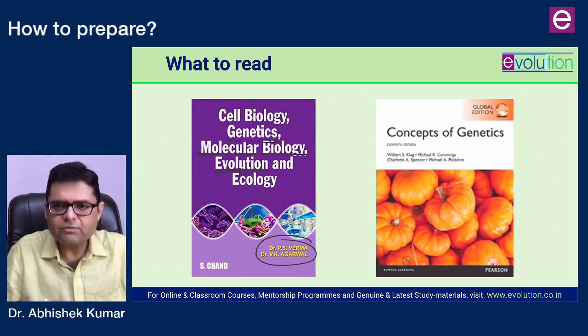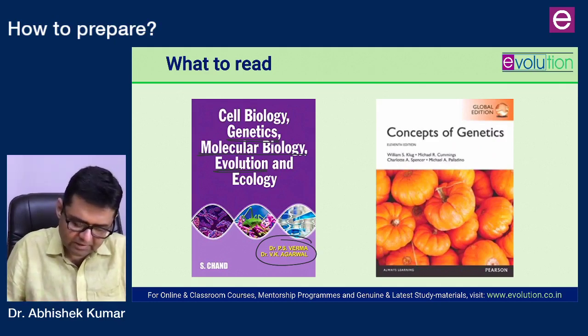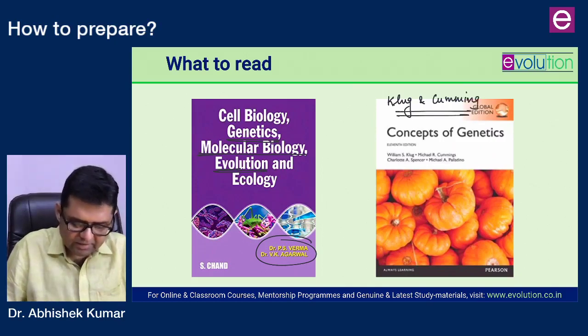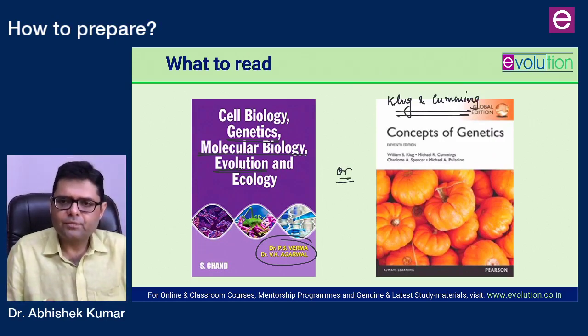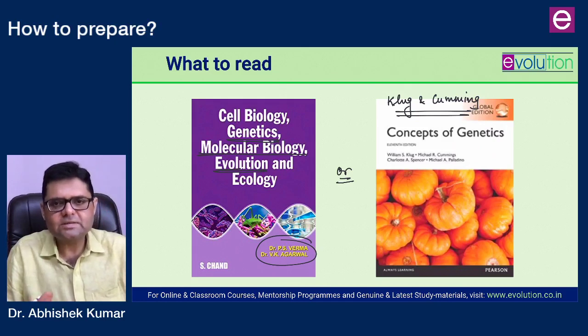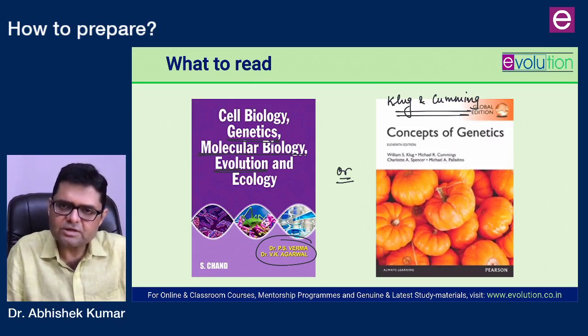And if you are more comfortable studying international authors' books, then Concepts of Genetics by Klug and Cummings will be an excellent source to study. Any one will be a good source, or if you want to have everything in a concise exam-oriented form, then you can consider my study material, which is available as a part of my guided self-study program or my online course.